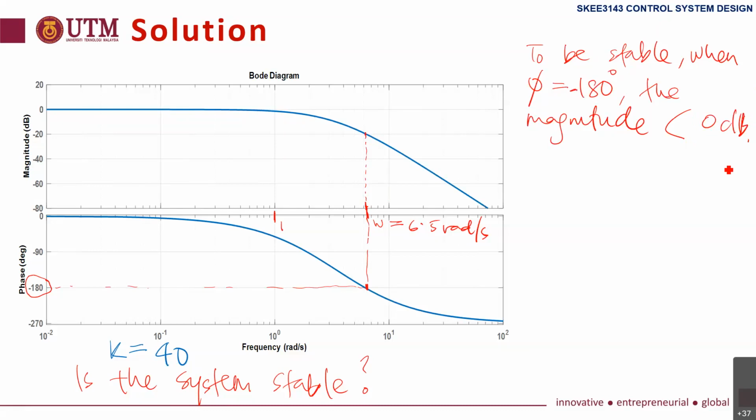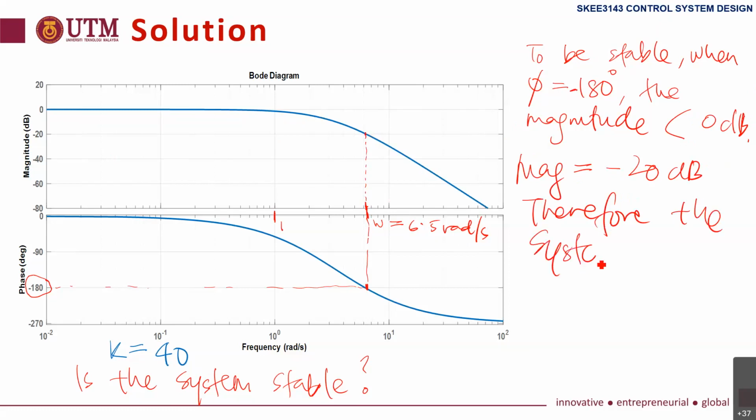In this case, you can see that the magnitude is about minus 20 dB. Therefore, the system is stable when K is 40. Remember that we plotted using K equal to 40, and the system is stable.